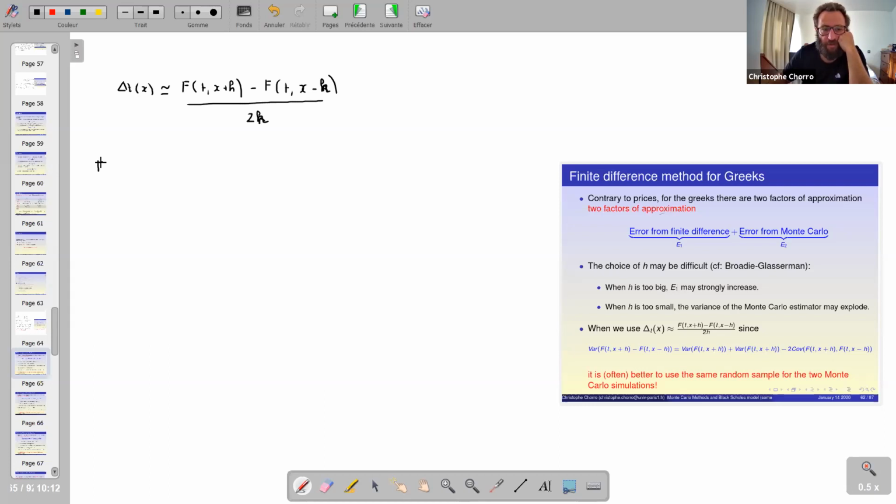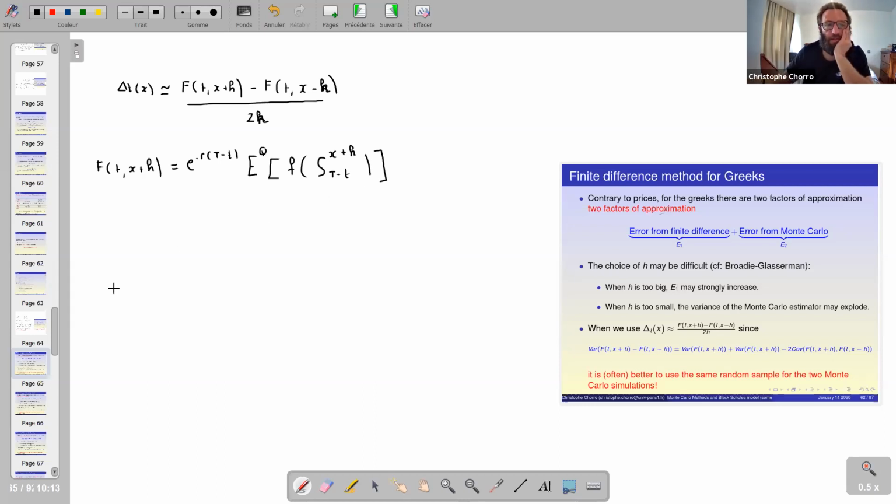What is F_t of x plus h? I know from what I have done previously that it is equal to exponential minus r (capital T minus t), expectation under Q, the unique equivalent martingale measure, of f of S_{T-t} at the point x plus h.